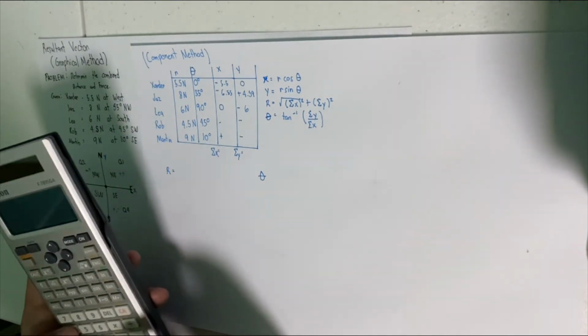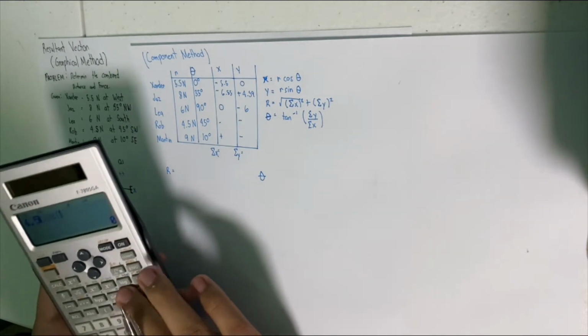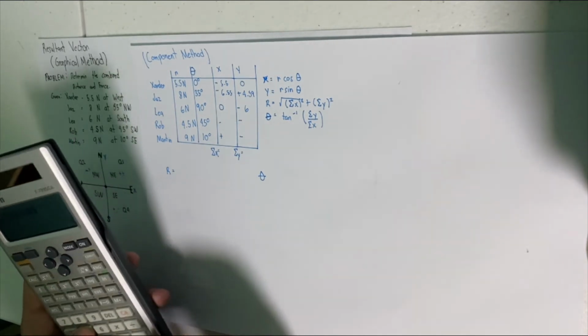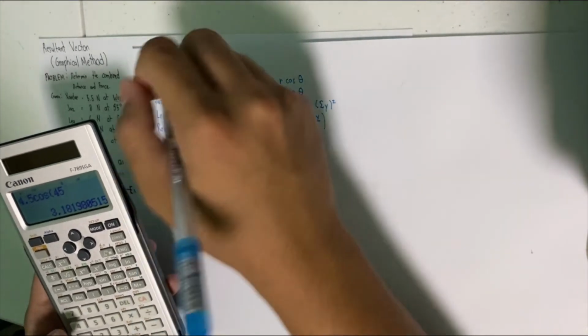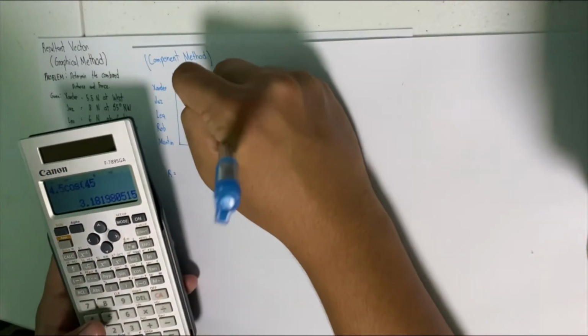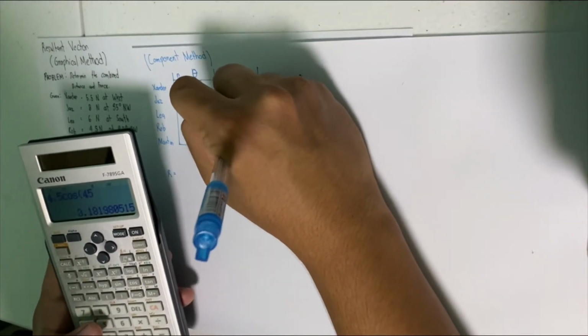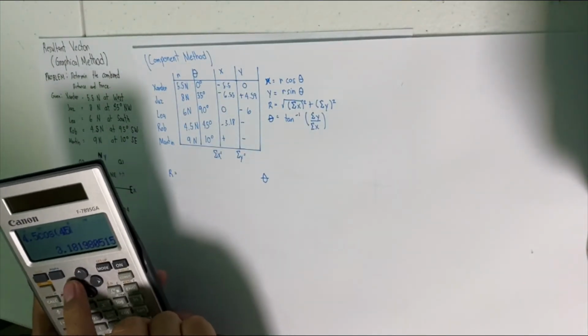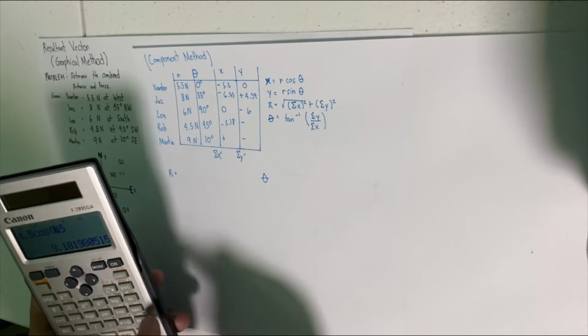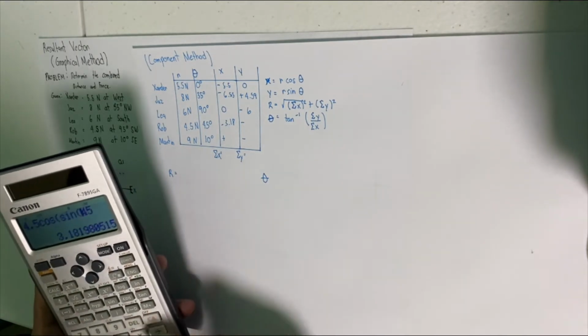So, 4.5 cos 45 is equivalent to 3.18. And for the sin, just change it. Sin.